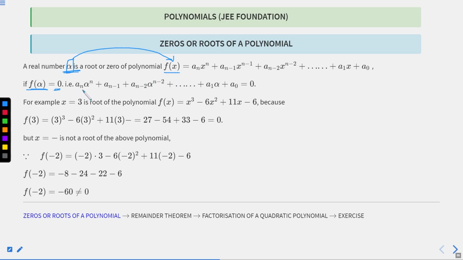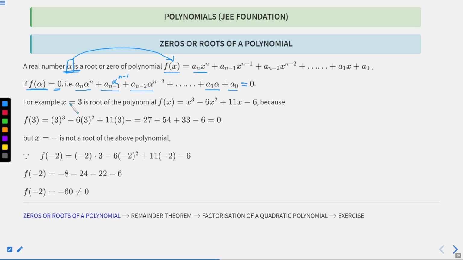So in other words, putting alpha in place of x, we will get a_n alpha^n plus a_(n-1) alpha^(n-1), a_(n-2) alpha^(n-2) till a_1 alpha plus a_0. And if this all goes to 0, this means that my alpha is a zero of the polynomial.